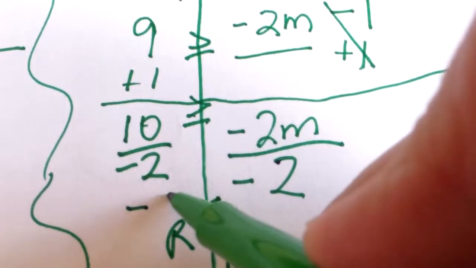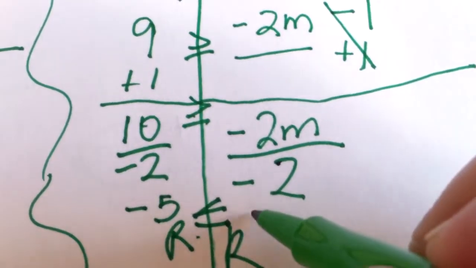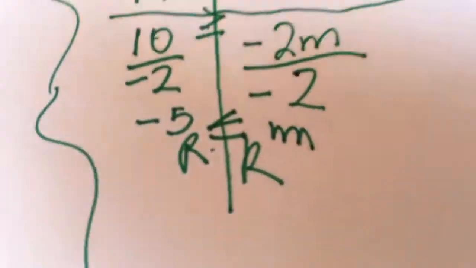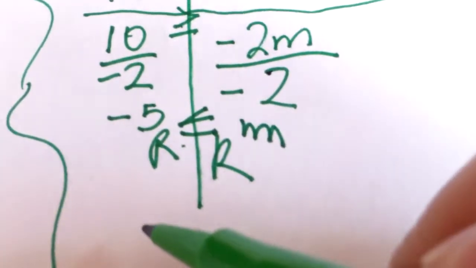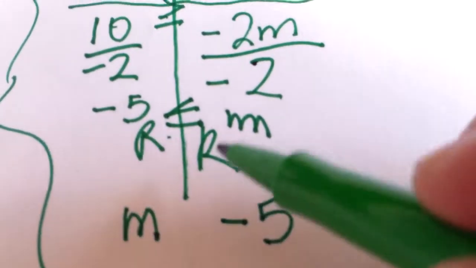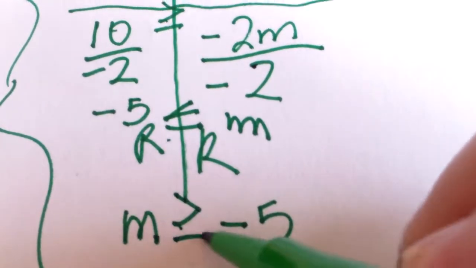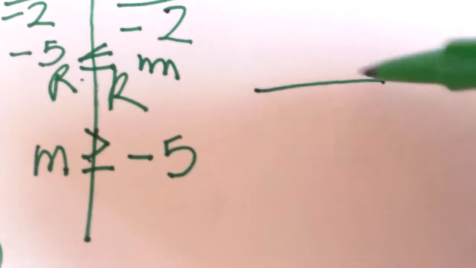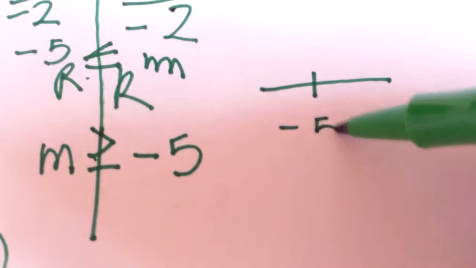So now I have -5 here, and I have m here, but darn it, that variable's on the right-hand side, so I'm going to flip the whole thing over, and therefore I'm going to flip the inequality symbol over as well. I will start graphing this at -5 on a number line.